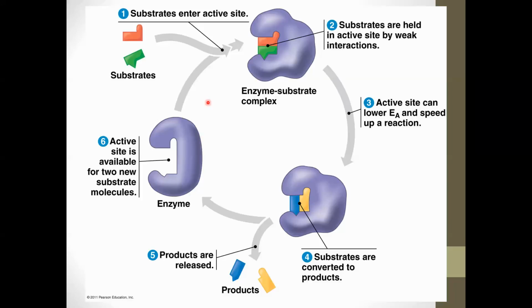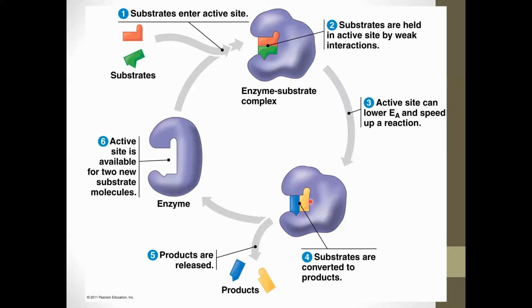We can call it the catalytic cycle of enzymes, where there's one or more substrates, in this case two different substrates, that bind to the active site, forming the enzyme substrate complex. The enzyme changes shape in response to this. The substrates are held together by weak interactions, perhaps ionic or hydrogen bonds, something like that. The activation energy is lowered because the chemical bonds within the substrates are weakened by the presence of the enzyme.